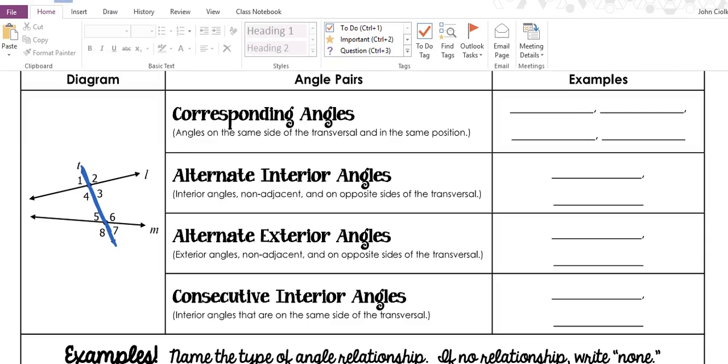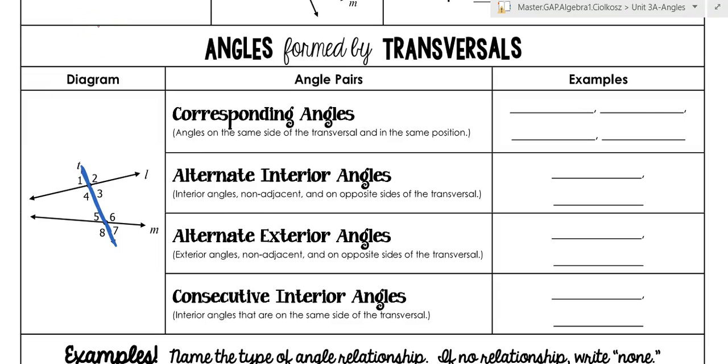So if I want to find some corresponding angles, they're on the same side of the transversal, so they're either both on the right or both on the left, and in the same position. If I look at the top of this part and the top of this, 2 and 6 are corresponding. You'll notice they also look the same. So, not trying to trick you guys, if they're corresponding, they are equal to one another.